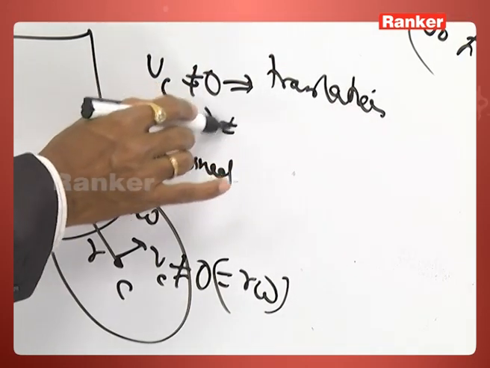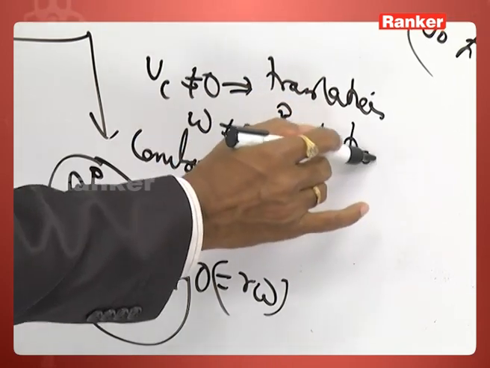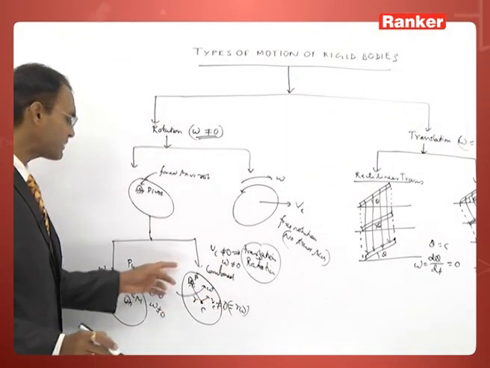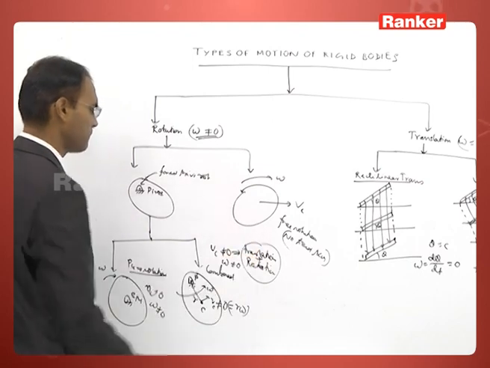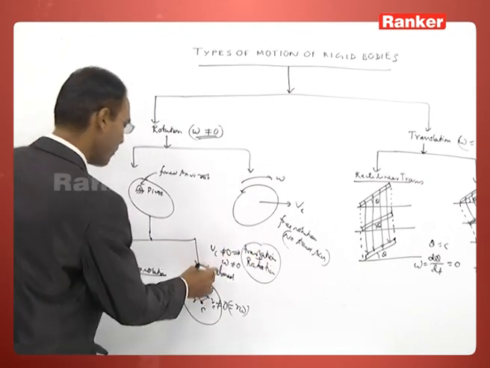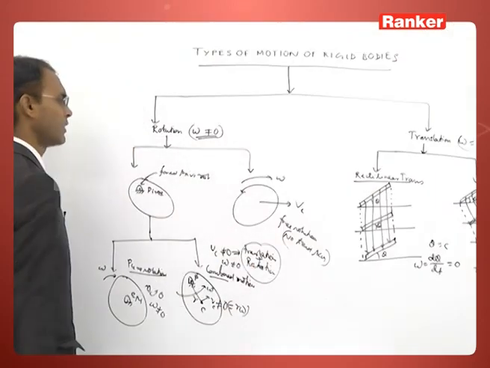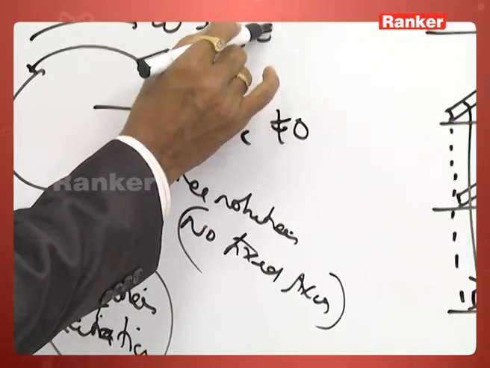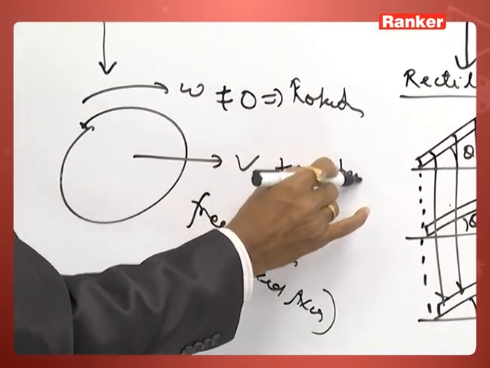Since omega is not equal to 0, it has rotation. So this body experiences both translation and rotation. It possesses both types of motion, therefore this is called combined motion: rotation and translation.